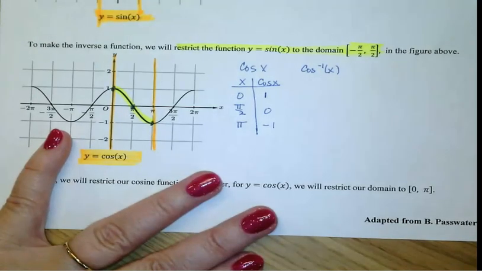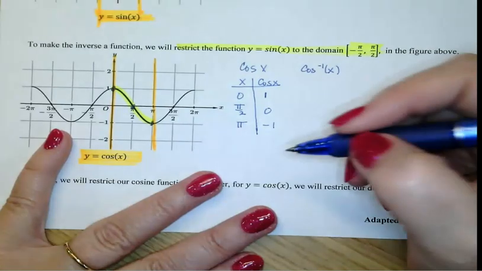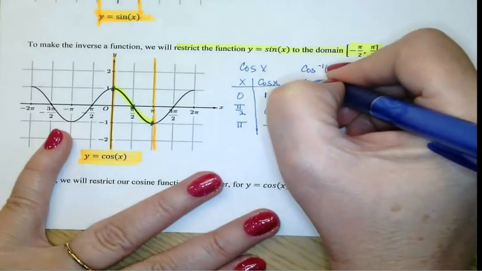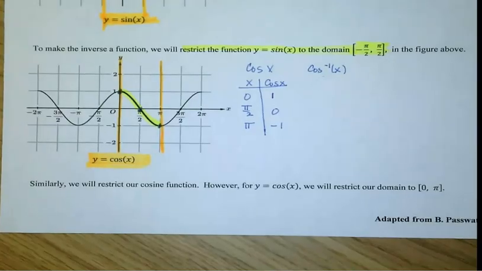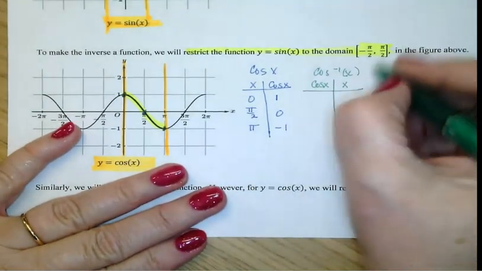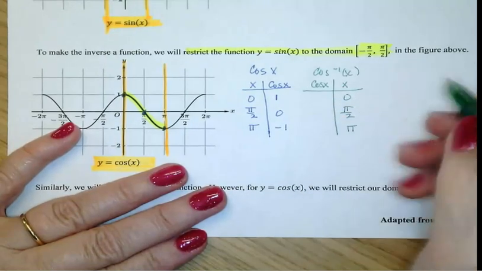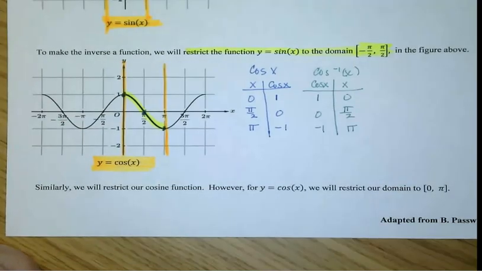So that's one way we can say it. And then our cosine values are going to become our input, and our angles are going to become our output. So I'm going to write that here. So now that we're looking at our angles, they're going to be back here at 0, pi over 2, and pi. And then this is going to be 1, 0, and -1.